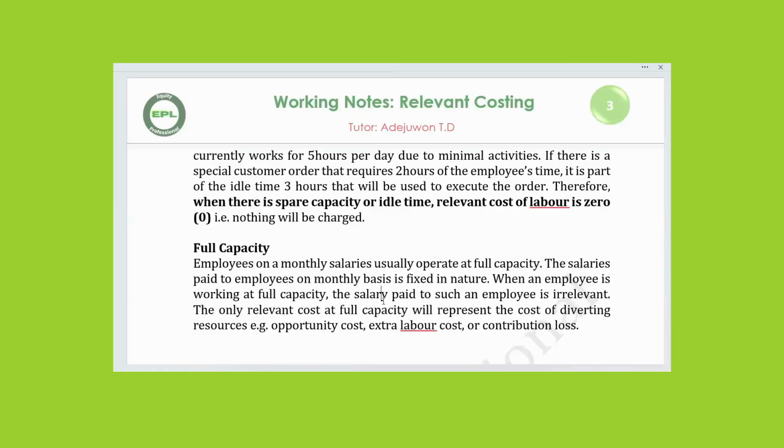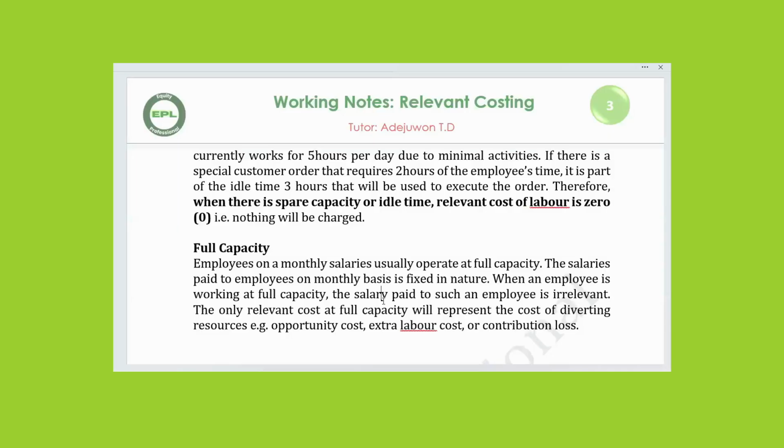For example, you have a supervisor supervising some employees on a particular job or task. If the company has a special order to be executed, and that special order will need the time of the supervisor, he cannot divide himself into two. He has to leave one for the other.